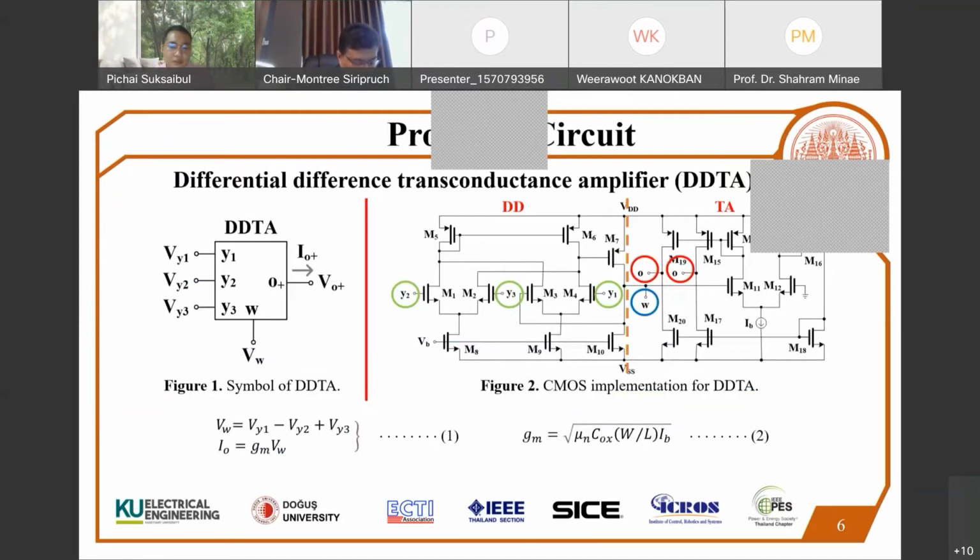The CMOS implementation of the DDTA is on the right-hand side, and figure 2 consists of 2 parts, left and right. The DDD is the differential difference circuit and the TA is the transconductance amplifier circuit, which combine to form the DDTA. In it, the inputs are green circles, the output voltage is a blue circle, and the current outputs are red circles. Considering the outputs and inputs, we get the output equation at equation 1, while gm is shown in equation 2.